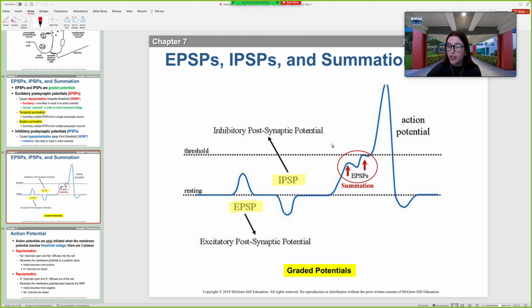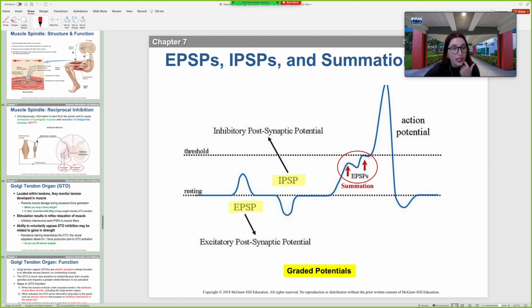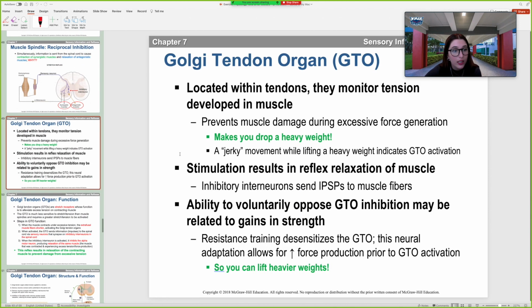And with a muscle cell, we're only going to get an action potential and a muscle contraction unless we hit threshold. So if we send inhibitory neurons sending IPSPs, we're pushing it farther away from threshold. We're causing that muscle to be relaxed, right? Excitation would be contraction. Inhibition is relaxation of the muscle.